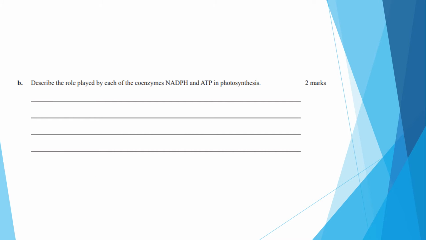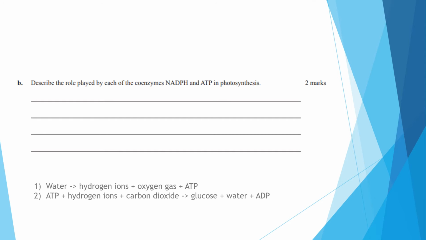Part B of question 2 worth 2 marks asks you to describe the role played by each of the coenzymes NADPH and ATP in photosynthesis. This is another knowledge recall question. Remember, during photosynthesis, water in the presence of light and in chlorophyll is converted into hydrogen ions, oxygen gas, and ATP.